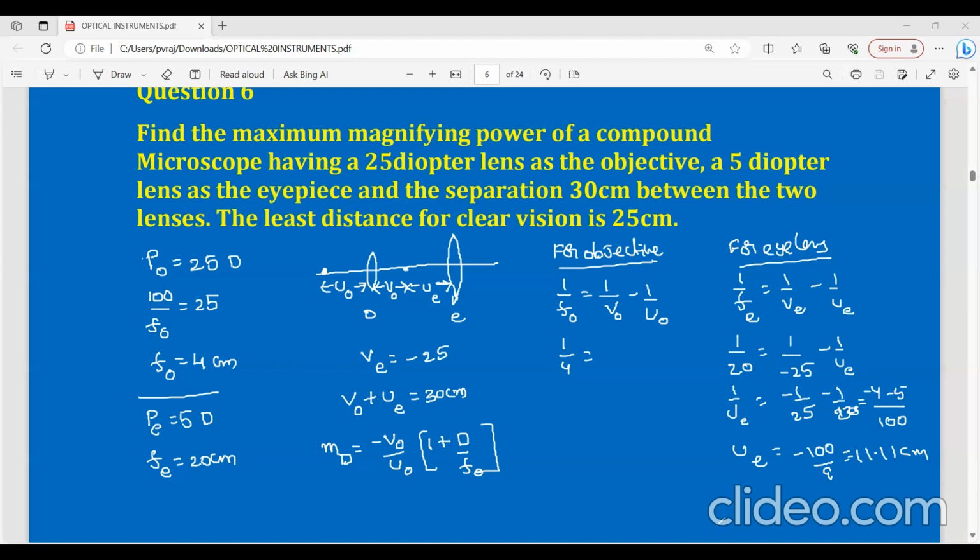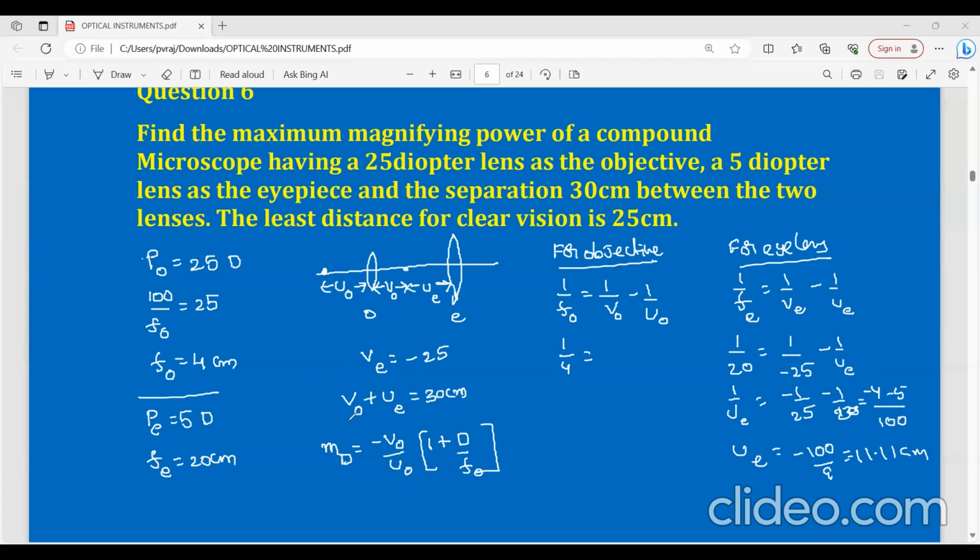But finally, you have to calculate MD only. For that, which factors are required? D you already know. FE was given already. You have to find out the values of VO and UO. To know those values, first of all, UE is 11.11 centimeters.